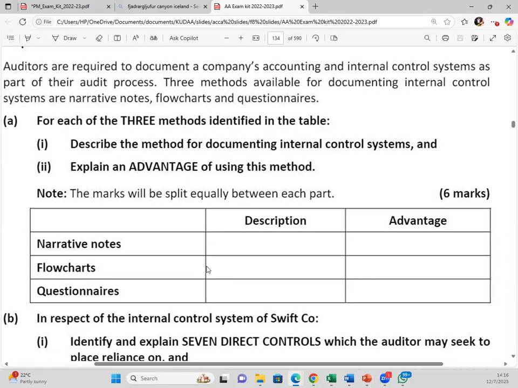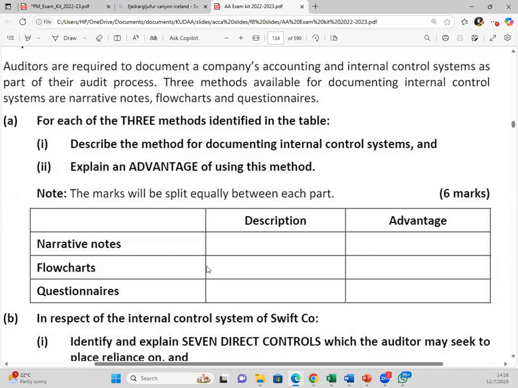So remember the methods of documenting the internal controls. You get to your client system, you need to understand and familiarize yourself with the client system. If you're able to pick weaknesses in the client system, that can help you pick where errors and fraud could be taking place. As you analyze the client system, you don't just analyze, you need to document.